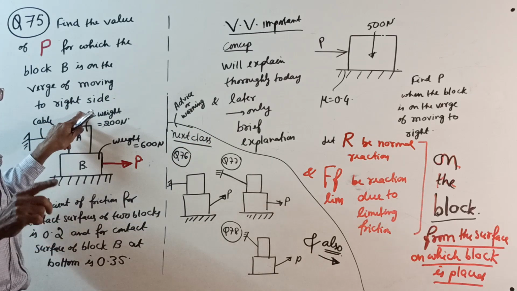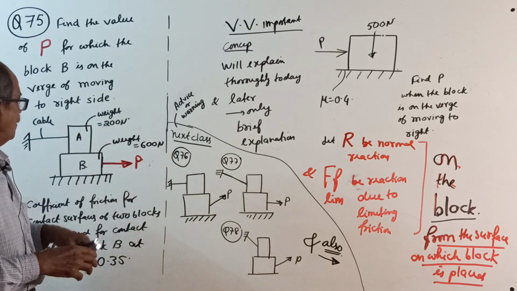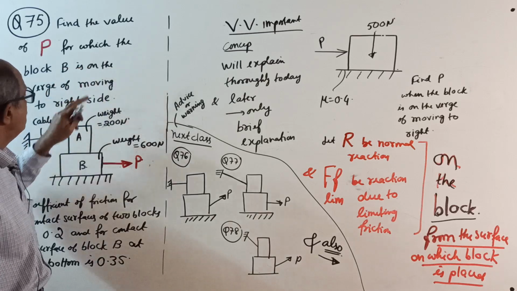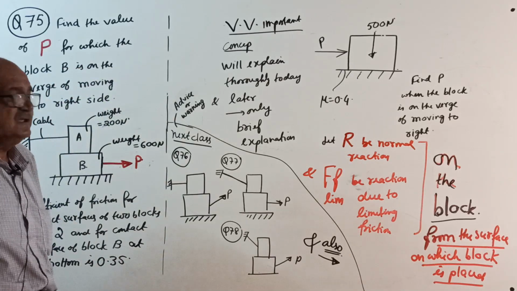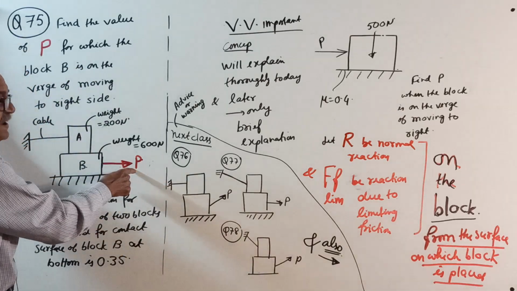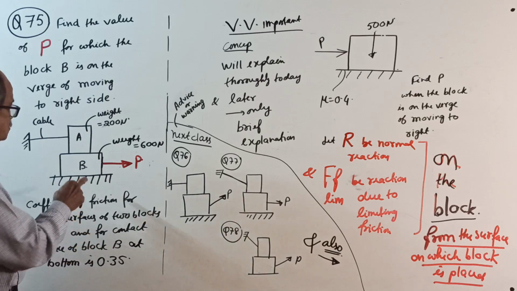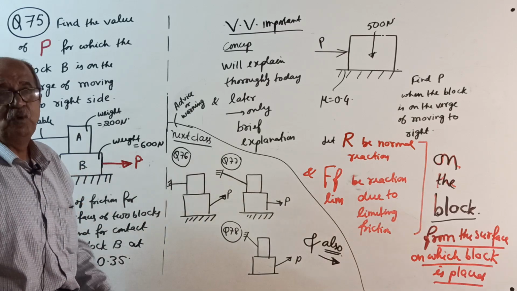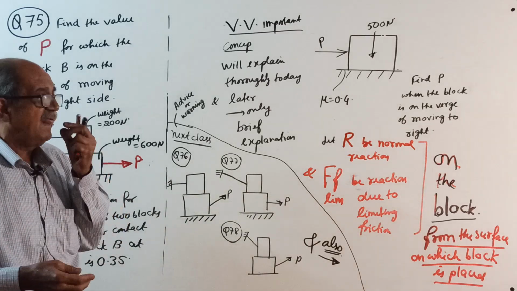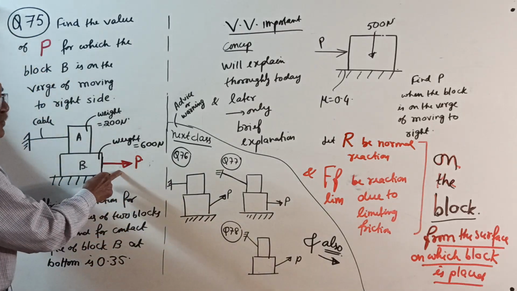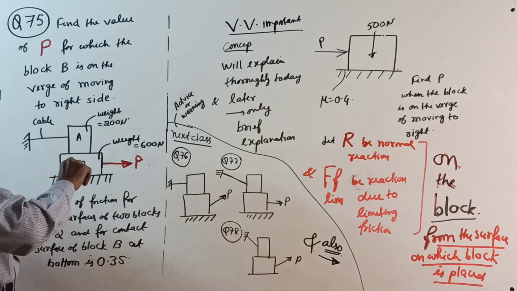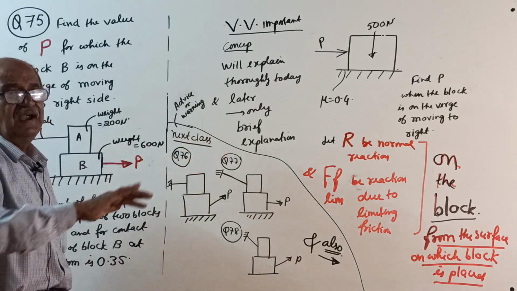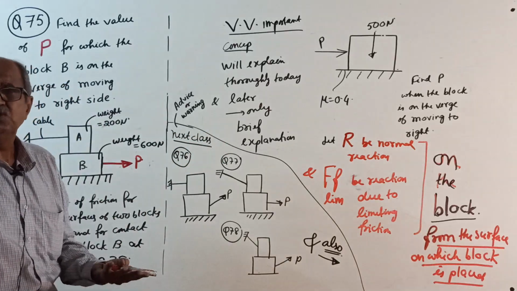The question can also be asked as: find the minimum value of P to start motion of block B to the right side, or find the least value of P for which block B will start moving to the right side. This we have done so many times.